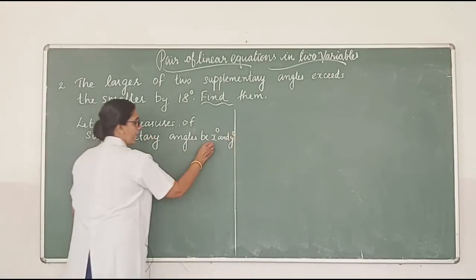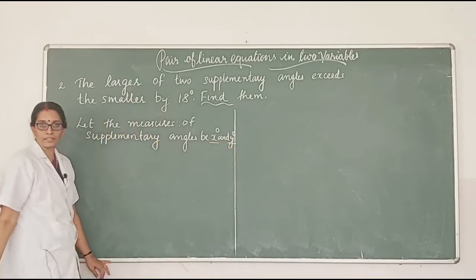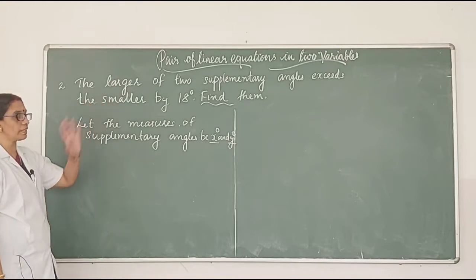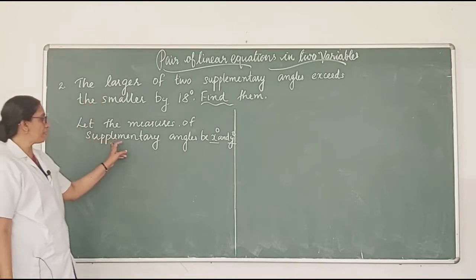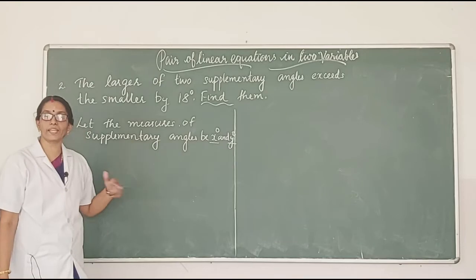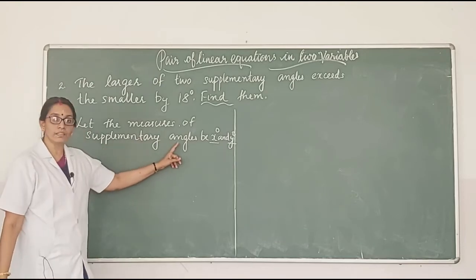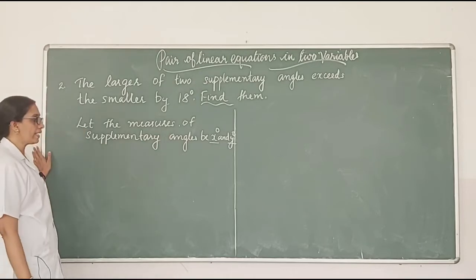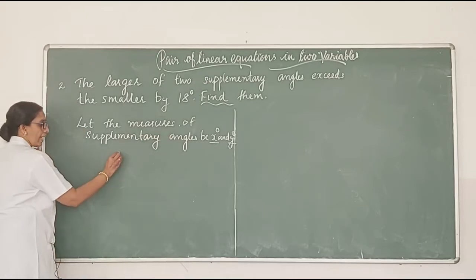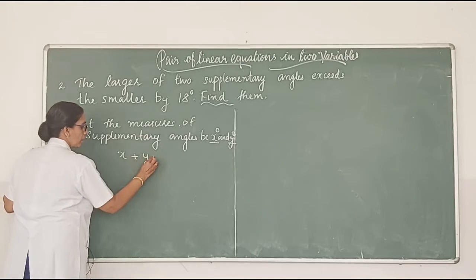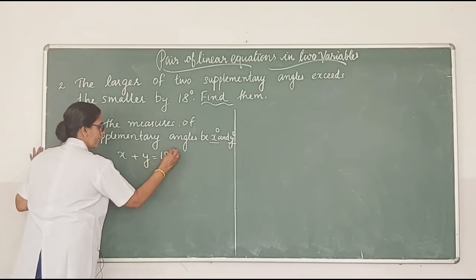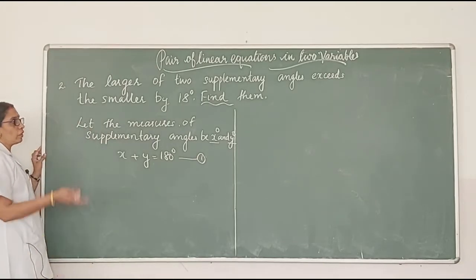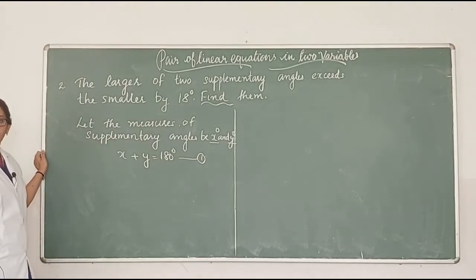So we have taken the angles as x and y, and we have to frame the equations according to the question. First it is given they are supplementary. So can you say the equation from this? Their sum is 180, isn't it? So we can have the first equation as x plus y equal to 180 degree, equation 1. Then what is given to frame second equation?